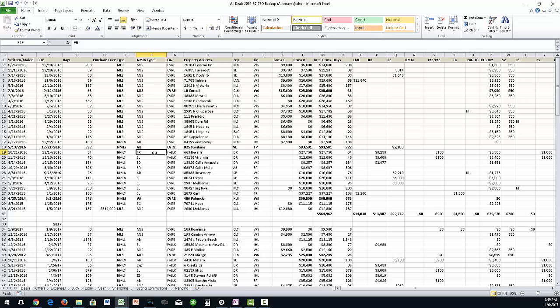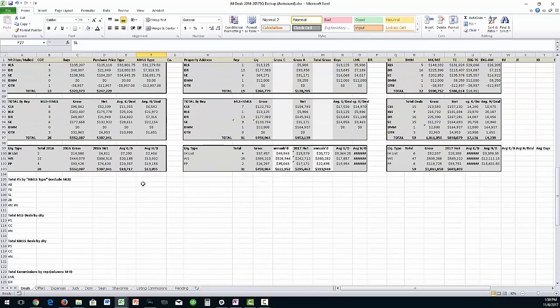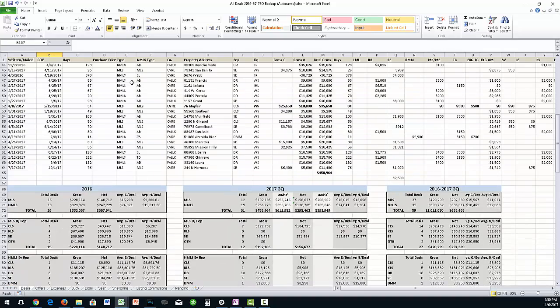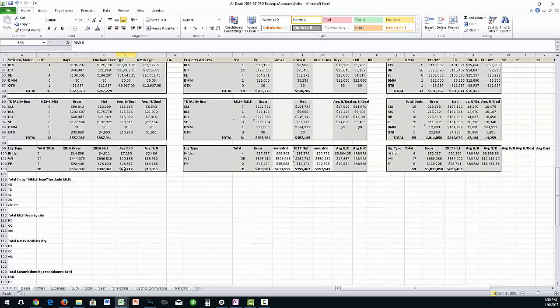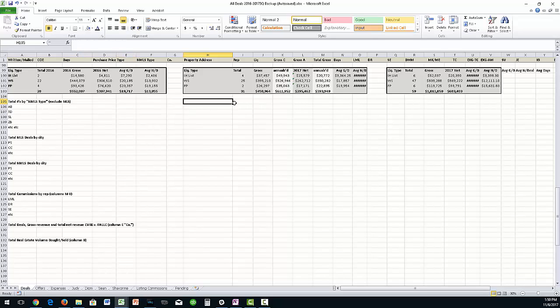For 2016, it would only be 1. It would be 1, 2, 3, 4, 5 SL deals. So 1 for every non-MLS subtype, and then it would just exclude anything that was in the MLS type. Same thing, 2016, 17, grand total.